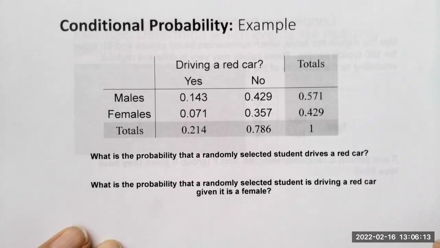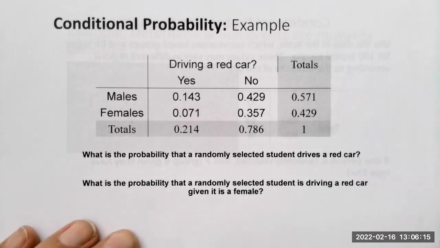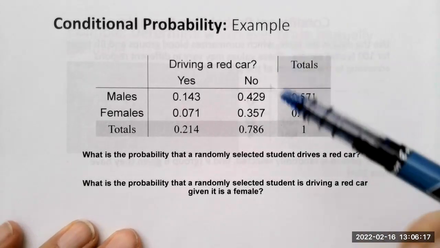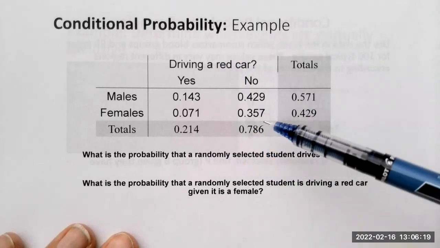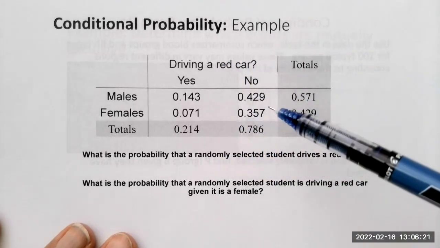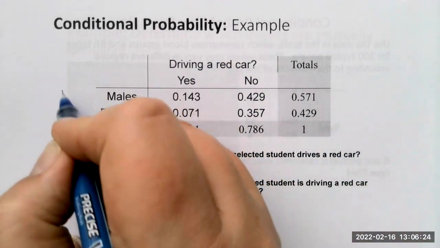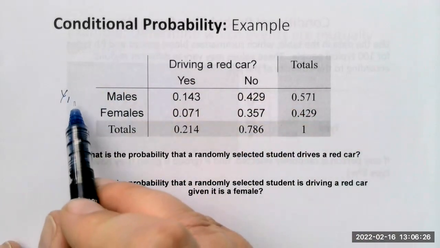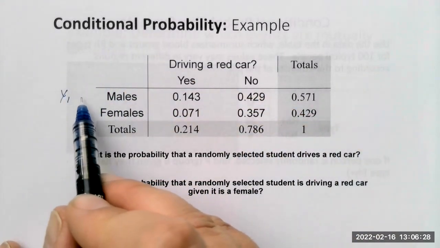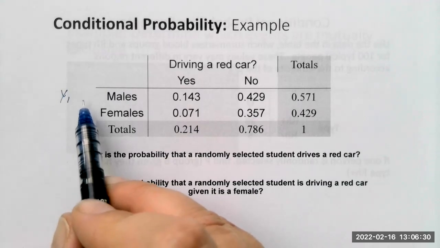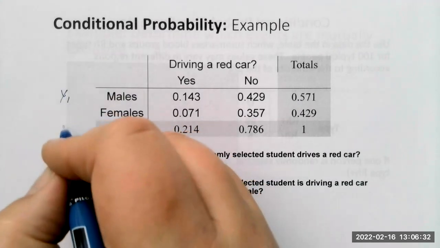Before we go on to find probabilities using this table, I want to mention that we have 4 special events defined by this table. Event Y1 is an event where a randomly selected student will be a male.